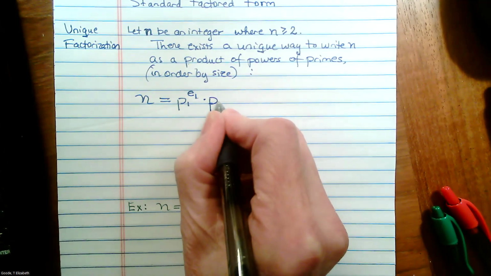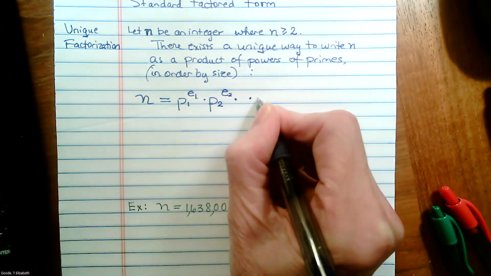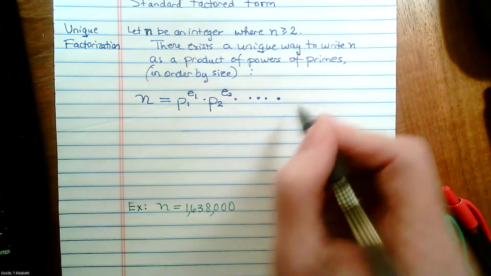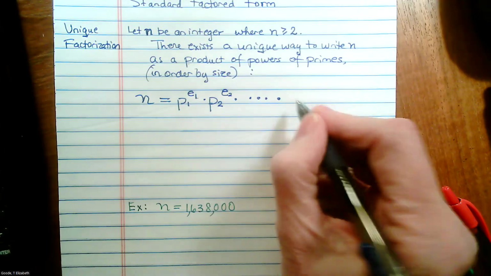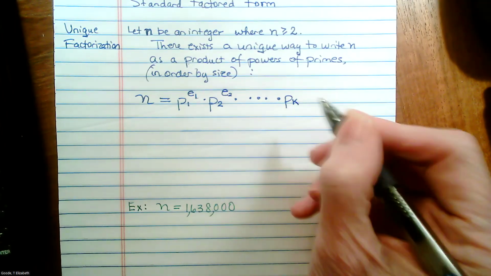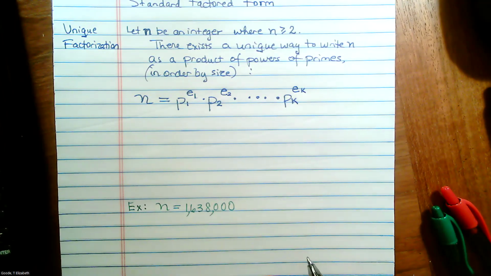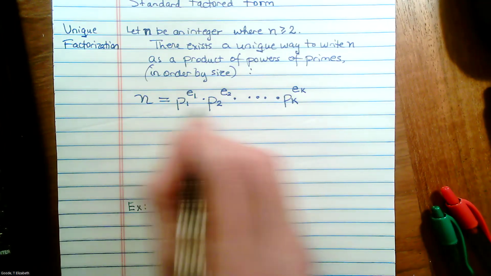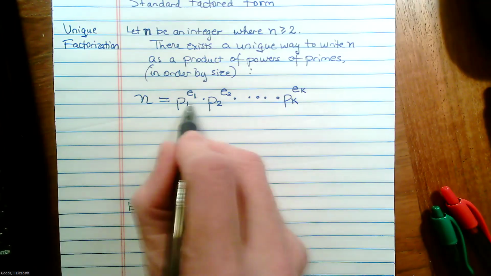times the second prime factor, P sub 2, raised to the E sub 2. And you just keep on doing that until you get to the very biggest prime factor of the number n, whatever it happens to be. We'll just call it P sub k. And then it's raised to its power because maybe there's several copies of that that fit into n. And then the point is these P sub 1, P sub 2, up to P sub k are primes.